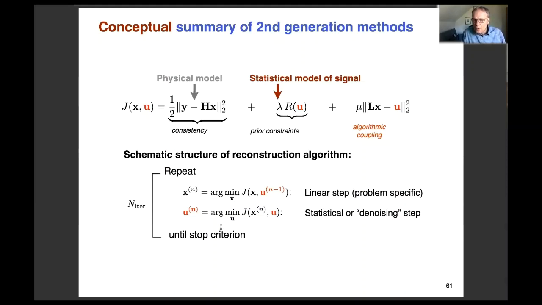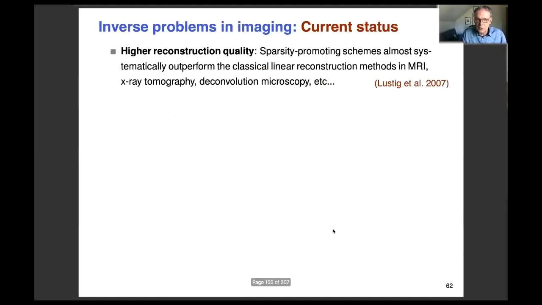And then you have a nonlinear step, but for example, with this ADMM algorithm, it is completely decoupled at the pixel level. And so this can be a nonlinear pointwise processing, which we like to see as a statistical or denoising step.